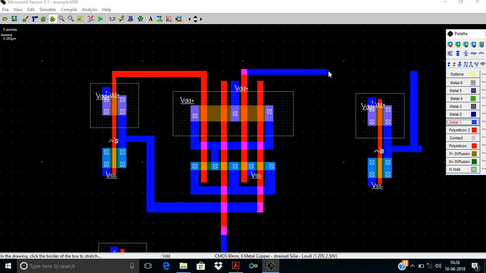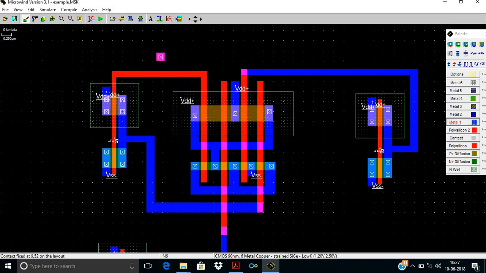Stretch this. Now put the contact here, metal to poly.